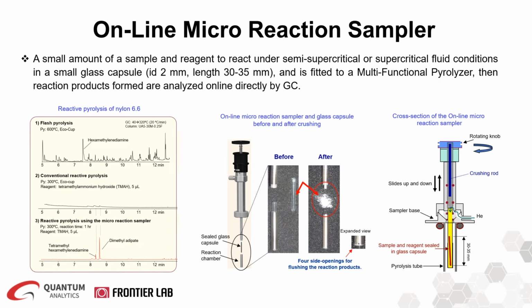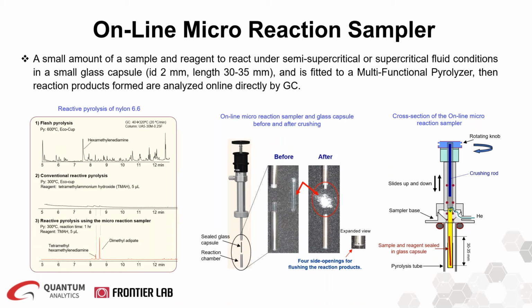The online micro reaction sampler is a device that allows a small amount of a sample and an alkali reagent to react under semi-supercritical or supercritical fluid conditions in a small glass capsule, which is fed to the multi-shot pyrolyzer. The reaction products formed are then analyzed online directly by the GC. The maximum use temperature is 400 C.